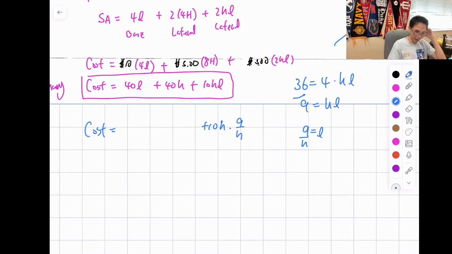L is gonna be replaced by 9 over H, right? And this H is gonna cancel out. This is a 40H, and this is a 40L. L is gonna be 9 over H.